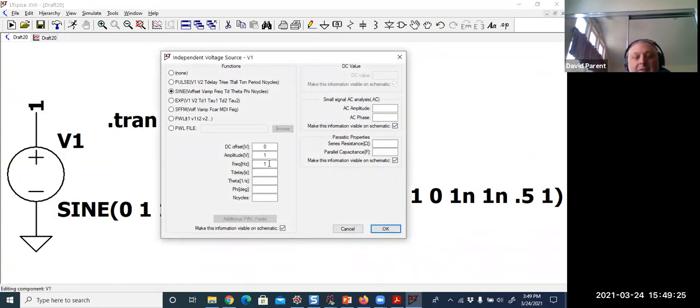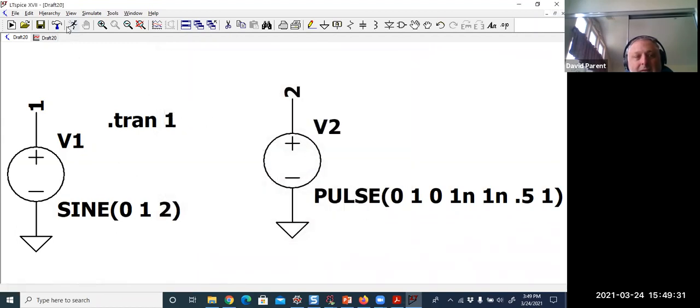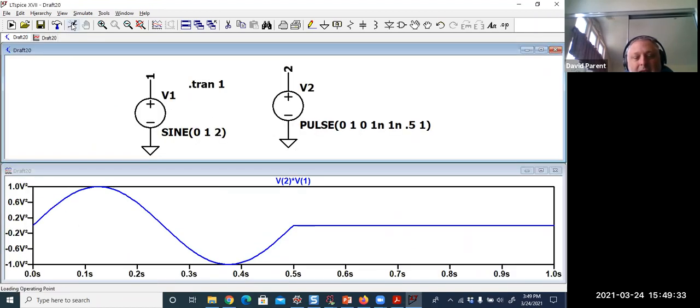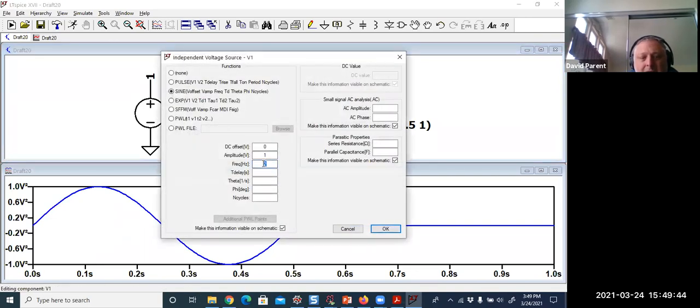What if that frequency was 2 hertz? Now you can see that it averages out to 0, just by eye. What if it were 3 hertz?